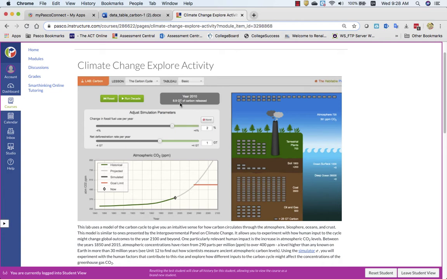Up here, 8.9 gigatons of carbon released, and then the actual concentration within the atmosphere is shown here. It's the only place that shows concentration, which is what this graph corresponds to. Everything else is the amount in gigatons of carbon being stored around our planet. Each one of these little gray boxes represents 25 gigatons of carbon.